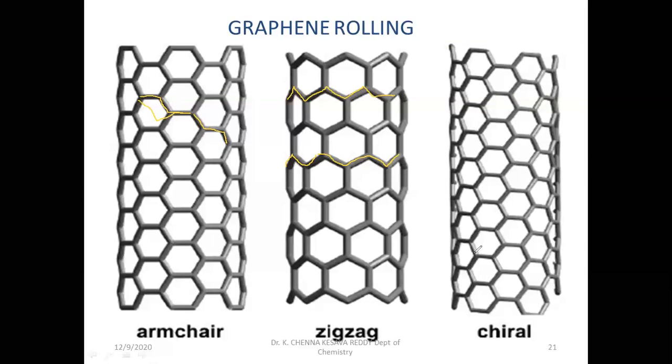Even if you see the zigzag in this structure, the orientation of the vector is in a slight tilting manner. This is the chiral carbon nanotube. So the three types are armchair, zigzag, and chiral carbon nanotubes.